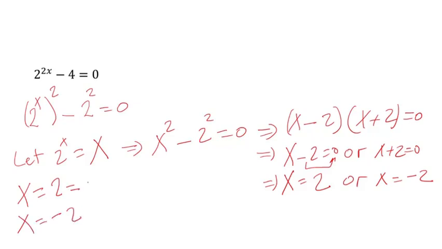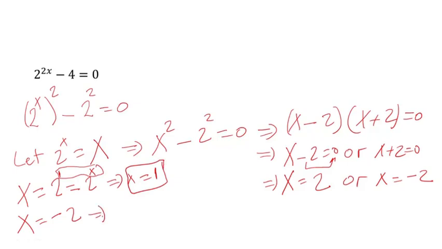Large X is 2 to the power of small x. So I notice that 2 is the same as 2 to the power of 1. That means small x equals 1.